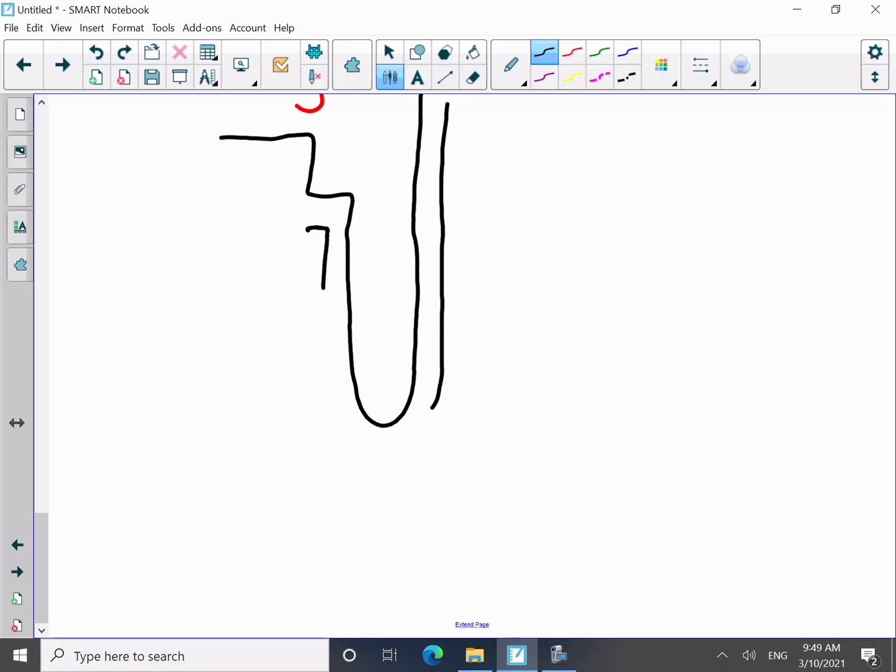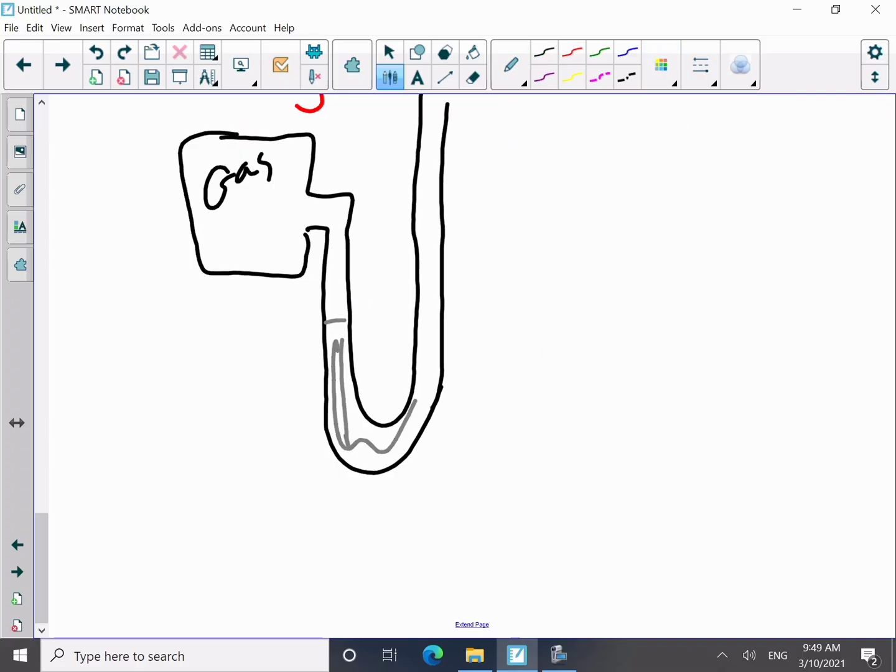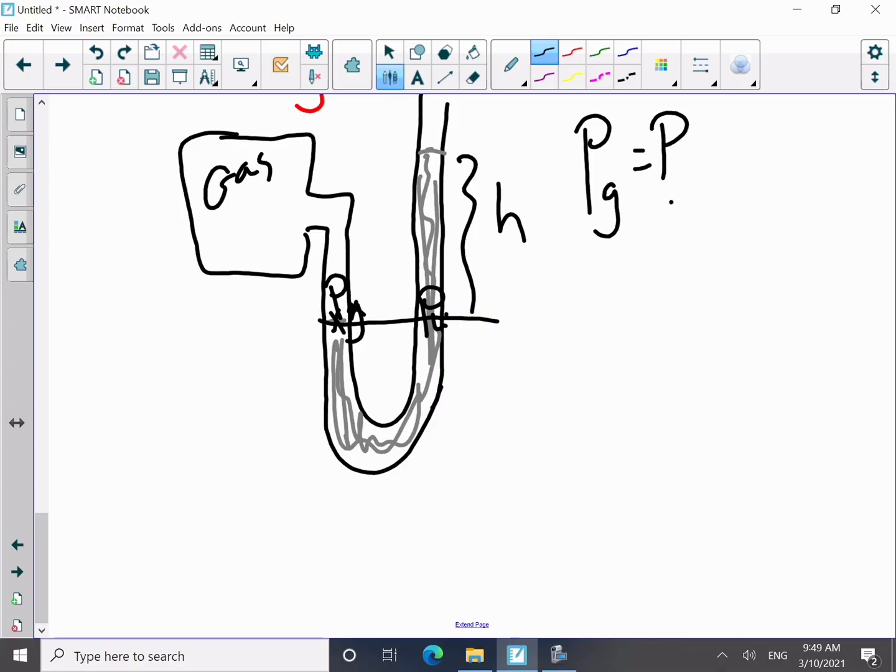If we have another container which has a trapped gas, but in this case, the height of the mercury in the free branch will be greater than the height of the mercury in the connected branch by the difference H. At this point, P gas will be equal the P liquid, which is Pa plus rho GH.